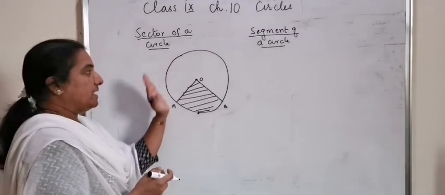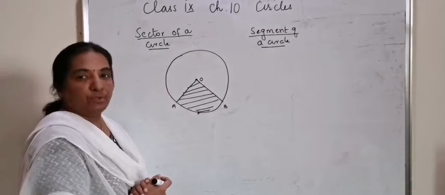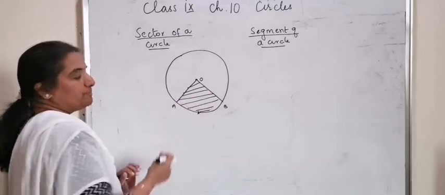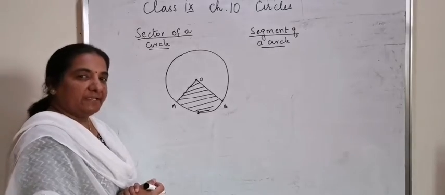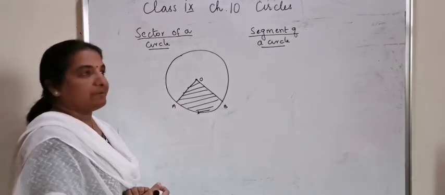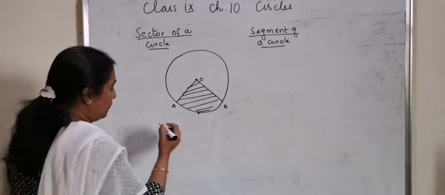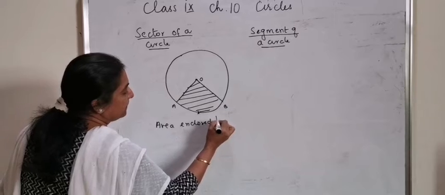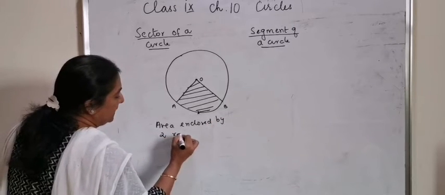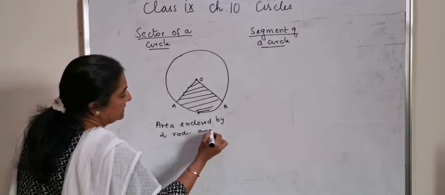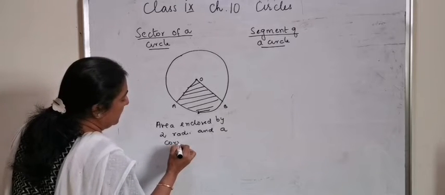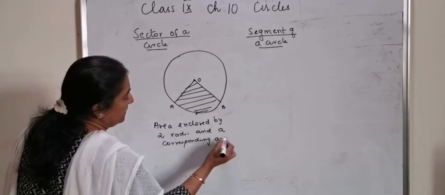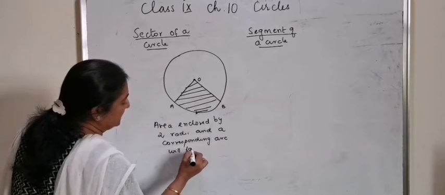That means, take a circular cardboard piece, make two radii, and if you cut out the piece AOB, then that particular shape will represent a sector of a circle, the area enclosed by two radii and a corresponding arc.